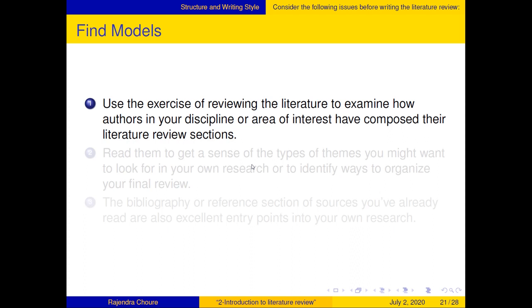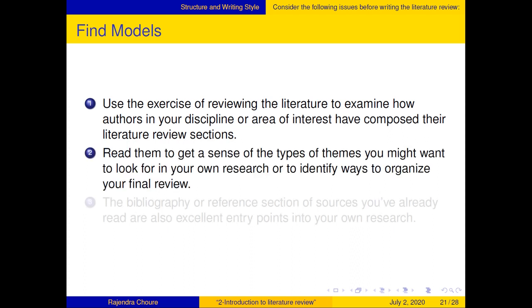Therefore, I ask you to go through literature reviews available on Google. Shodhganga provides you many PhD theses, and you can get those literature reviews from those theses. Read those reviews to get a sense of the type of themes you might want to look for in your own research or to identify ways to organize your final review. You can get many ideas on how to find the topic for your research, and when you focus on the topic of your research you can find the actual organization structure of the review which you are reading.